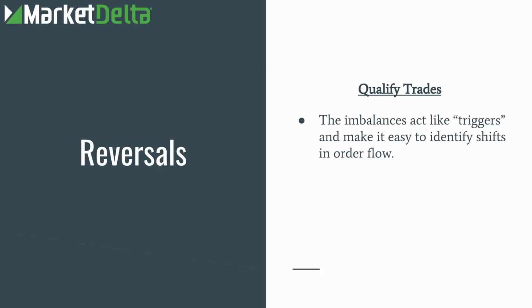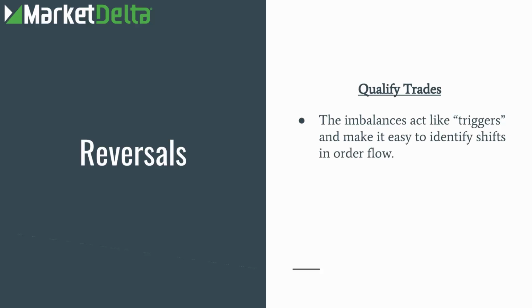All right, so let's jump into a couple examples, and that would be reversals. So we're going to look at reversals, trends, and then real-time support and resistance. But reversals, typically you're going to use this volume imbalance to qualify trades at reversal levels. So the imbalances act like triggers, which makes it easy, or I should say easier, to identify shifts in order flow.